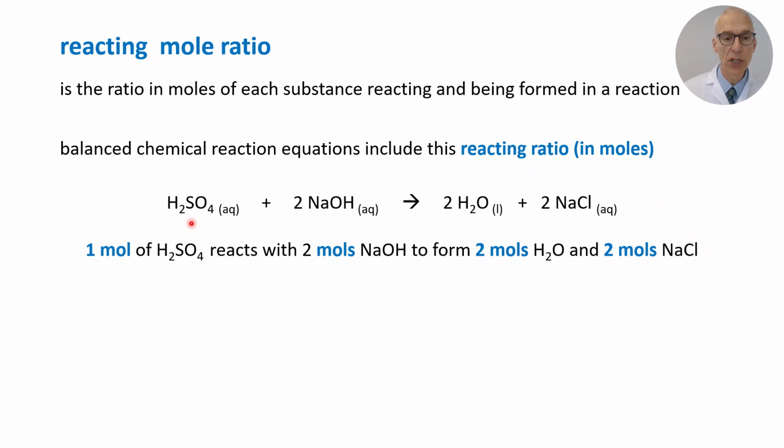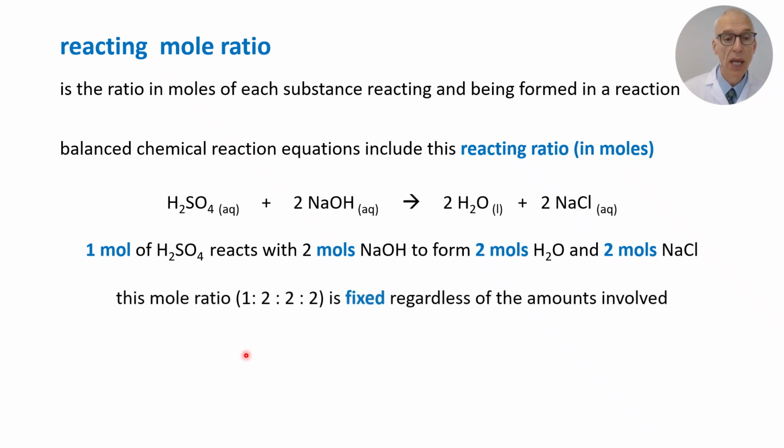In this equation, 1 mole of H2SO4 reacts with 2 moles of sodium hydroxide to form 2 moles of water and 2 moles of aqueous sodium chloride. This mole ratio, 1 to 2 to 2 to 2, is fixed regardless of the actual amounts involved. It will always be a ratio of 1 mole to 2 moles to 2 moles to 2 moles.